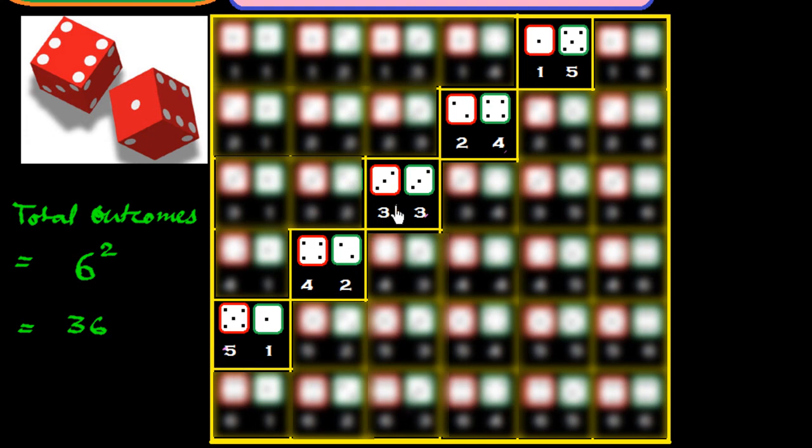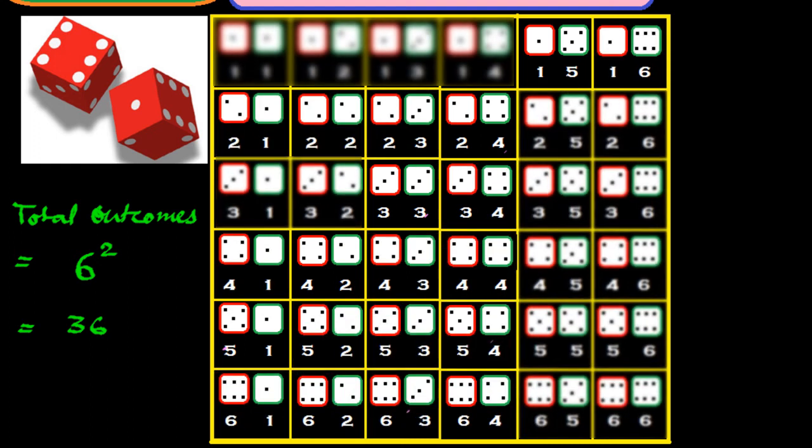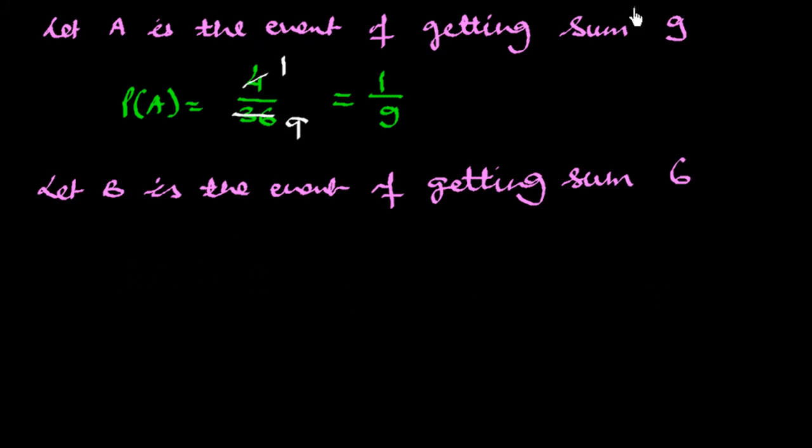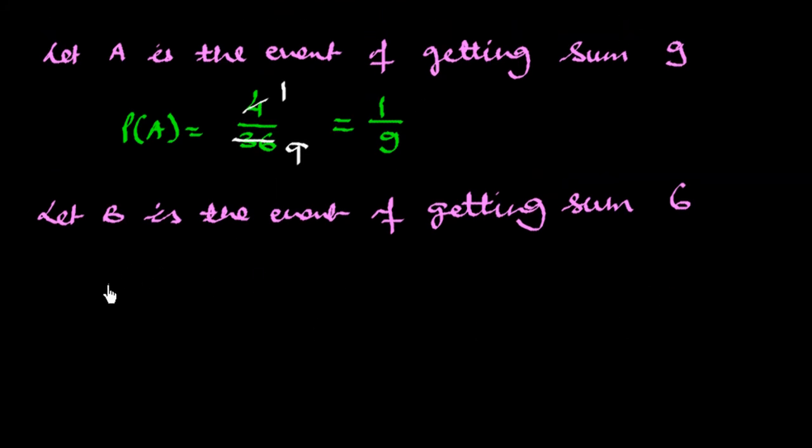So in this diagonal, how many favorable outcomes are we getting here? 1 2 3 4 5, 5 favorable outcomes. So probability of B is equal to 5 over 36. If we have to get the sum 6, we have the probability of 5 over 36.